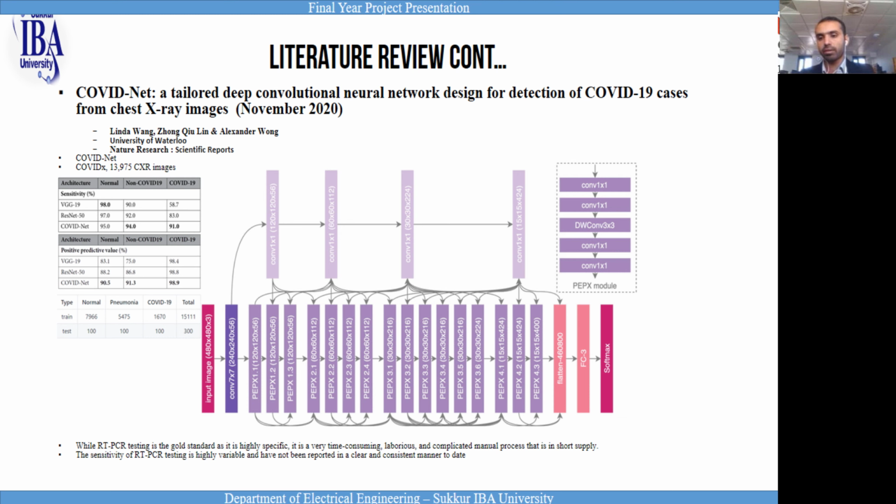Same here, and they have compared with positive predictive value, and the maximum shows their own model, 95, 90.5, 90.3, and 90.8. This is the distribution of their data set, and they are also telling that the PCR is time taking, and its accuracy is quite variable.